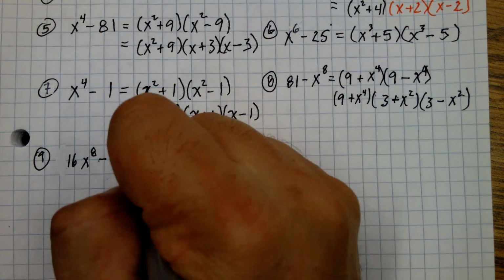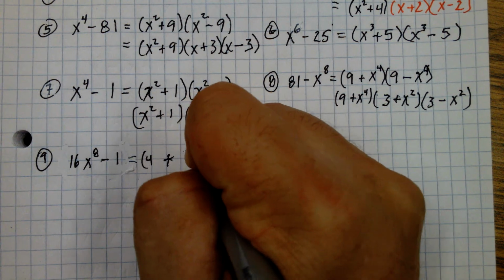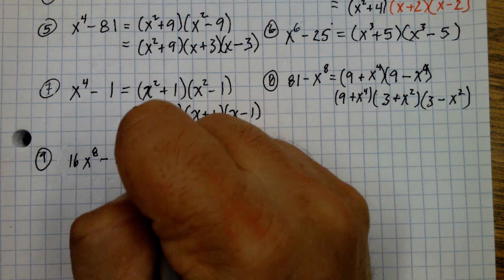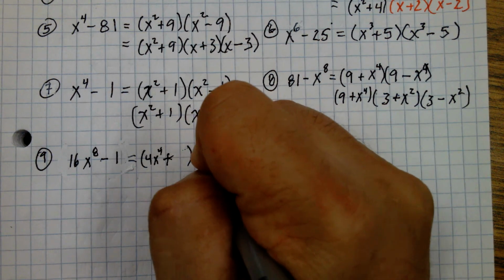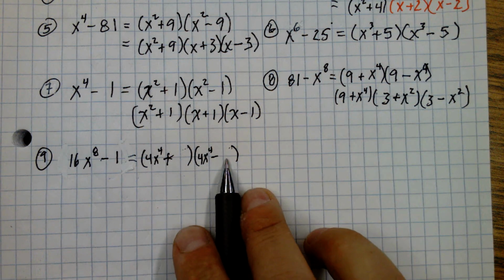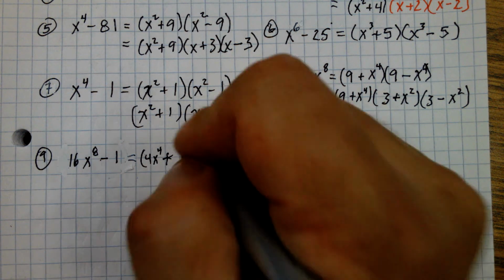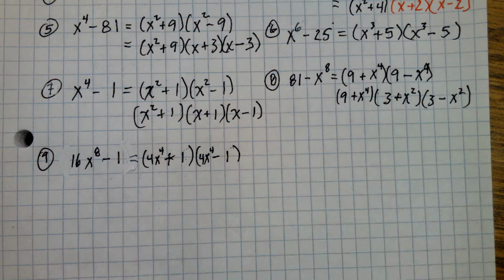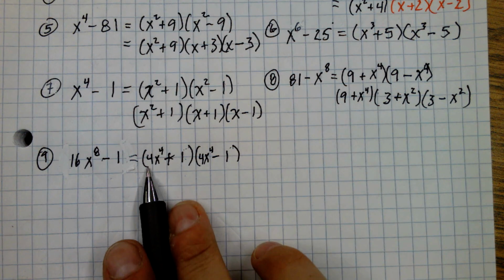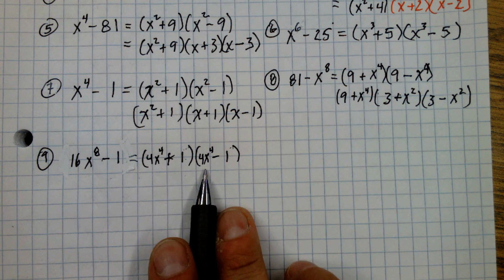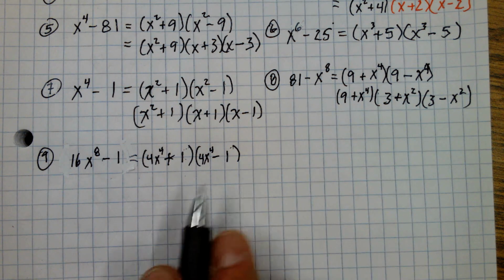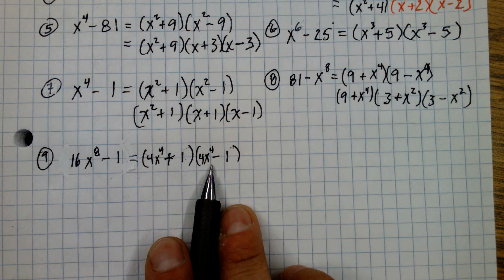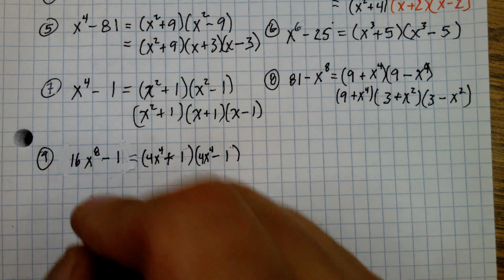Square root of 16 is 4. Square root of x to the 8th is x to the 4th. What would go here? 1. And let's take a look. Obviously, this won't break down anymore. Can I break this one down further? Yeah, 4 is a perfect square, x to the 4th is a perfect square, and 1 is.